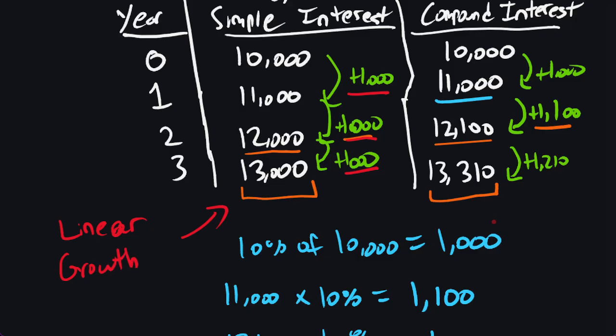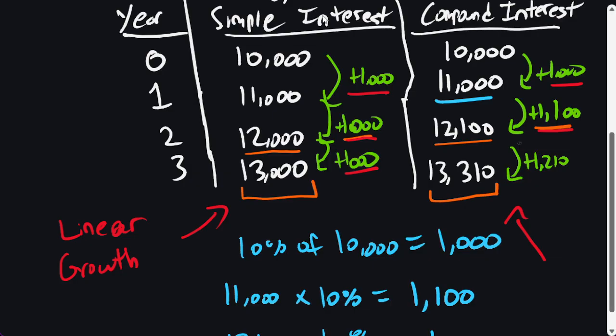That's important to know because under compound interest, it increases the amount by which it increases each year. It's actually going up by 10% each year. From year 0 to 1, it's 10%. From year 1 to 2, it's 10%. From year 2 to 3, it's 10%.